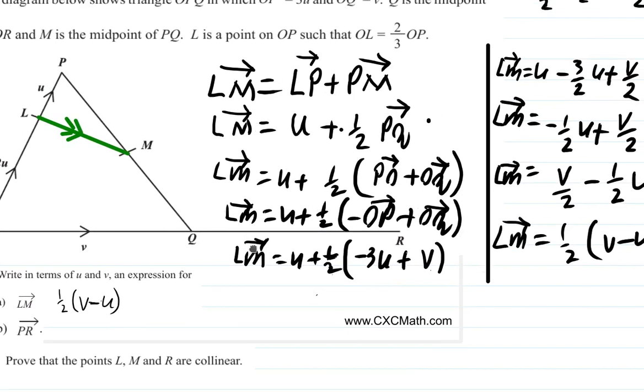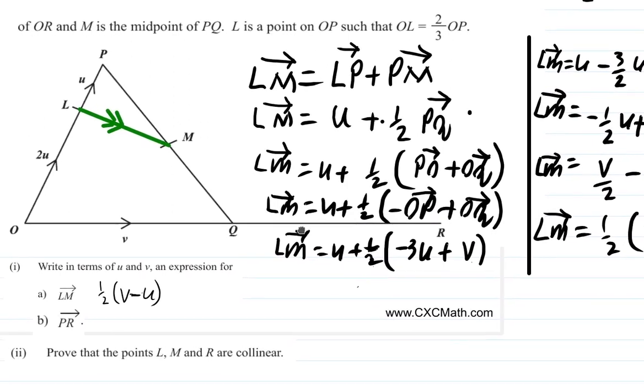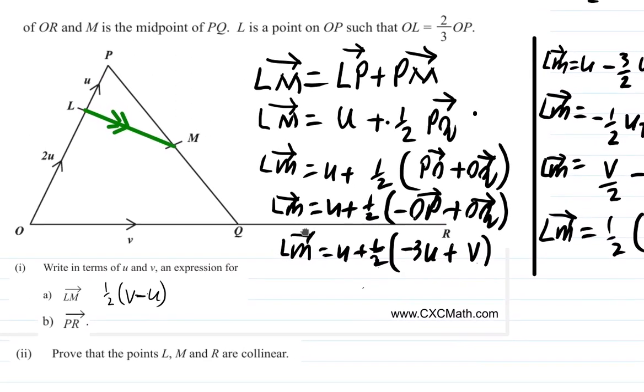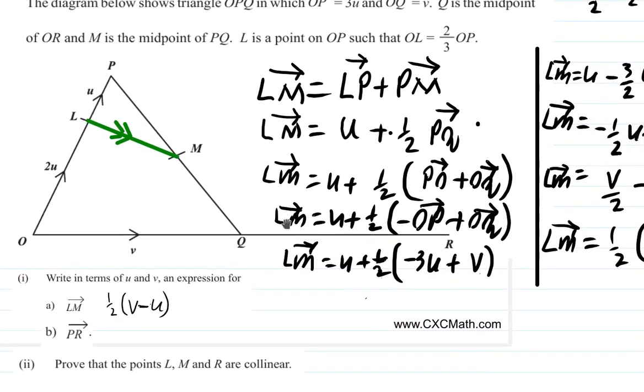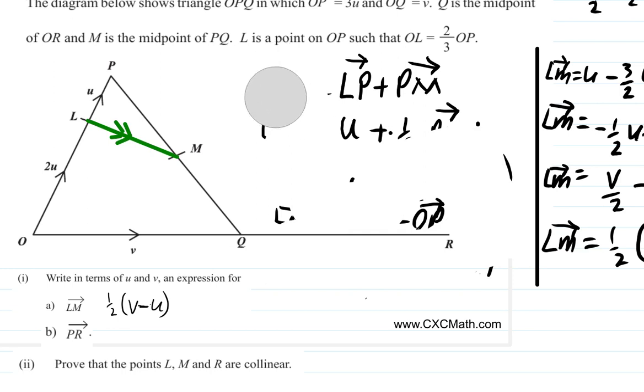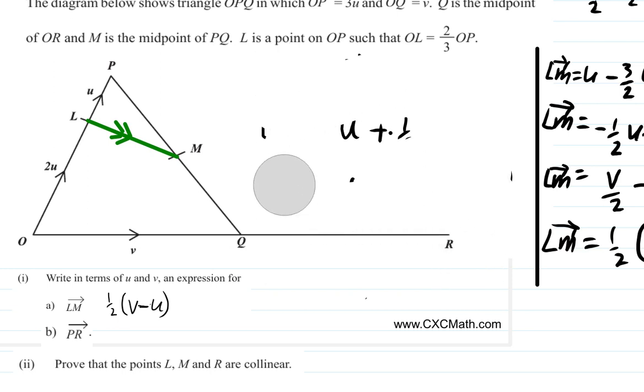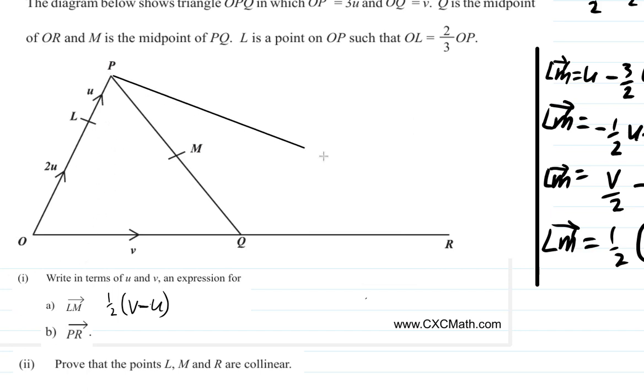So here now, the next thing they say, PR. You want PR. So let's look at that. Let's just erase some more we have here and look at PR. PR is from here to here.